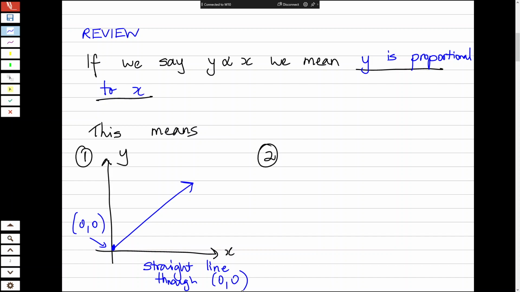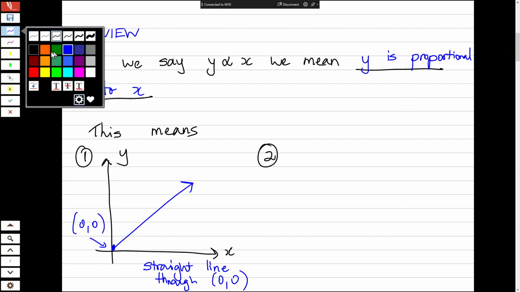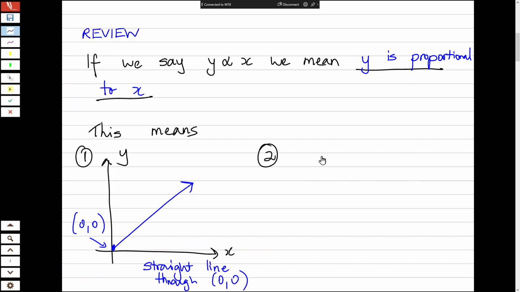That was the picture. Then the second explanation of this involved an equation. What was all that about? Oh, the y is... Very good. We can write y equals kx. Remember that when I write two letters like that, I'm saying I'm multiplying the two letters together. So that means k times x.